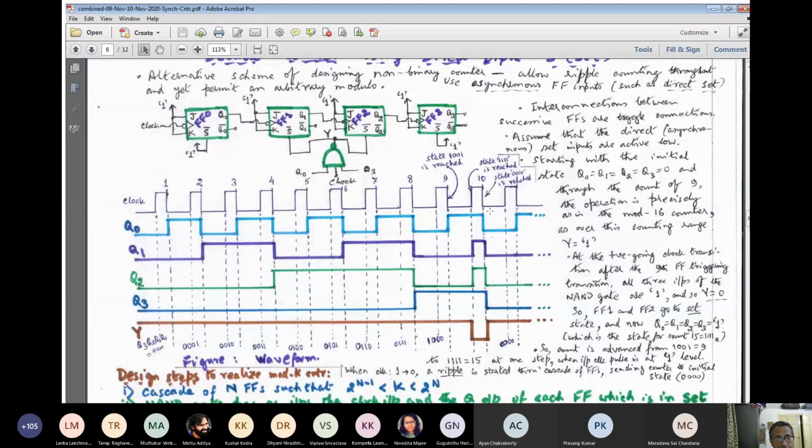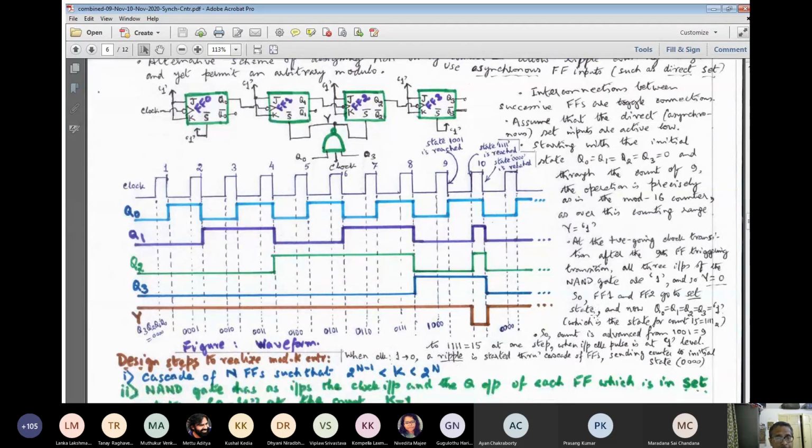Clear? So at the positive going clock transition, after the 9th flip-flop triggering transition, all the 3 inputs of the NAND gate are 1, and so y equal to 0. So FF1 and FF2 will go to set state. That means they will become high. And now Q0 equal to Q1 equal to Q2 equal to Q3 equal to 1, which is the state for the count 15 equal to 1111.